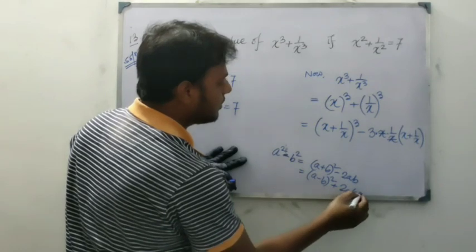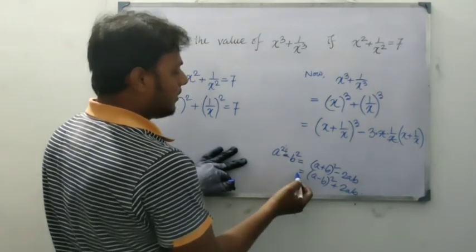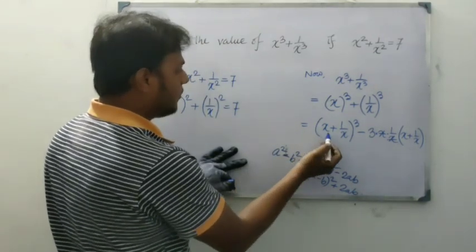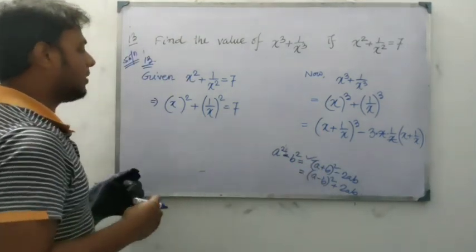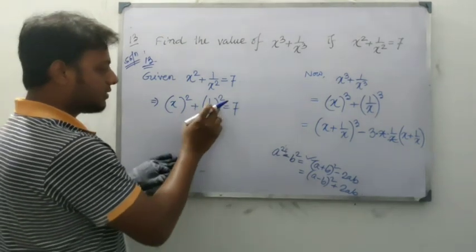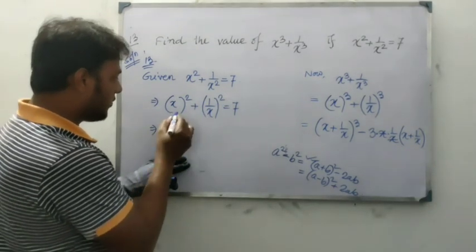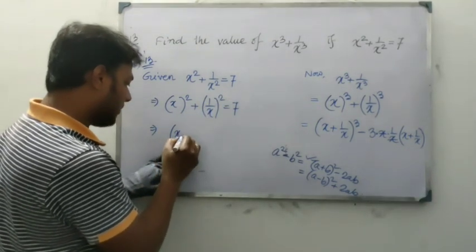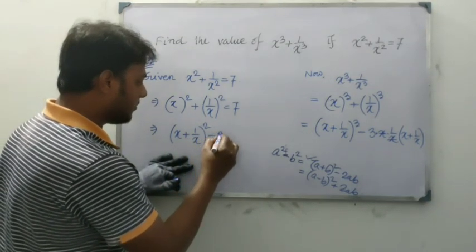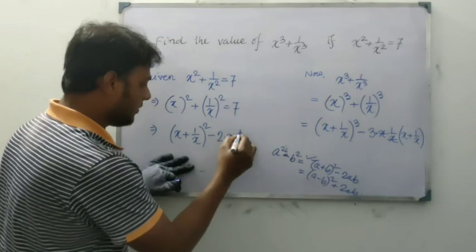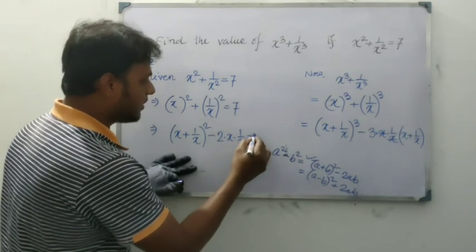Which one is suitable here? We have to compute x plus 1 by x, so the first one is suitable. So in place of x square plus 1 by x square, we can write (a plus b) whole square minus 2ab, where a is x and b is 1 by x, equals 7.